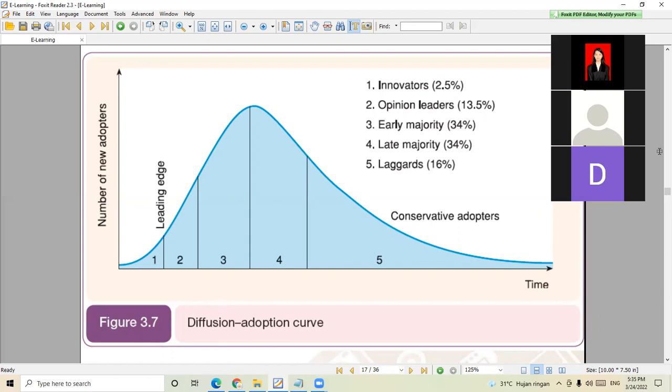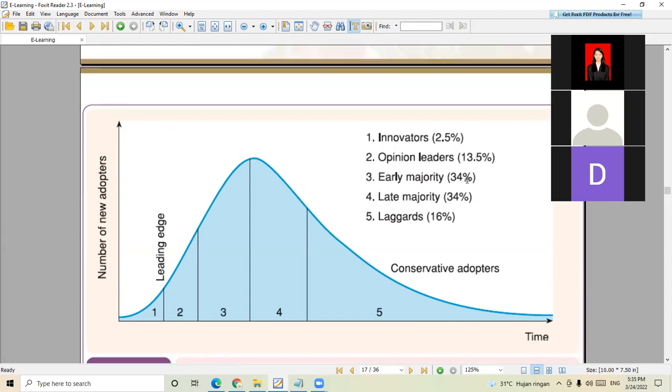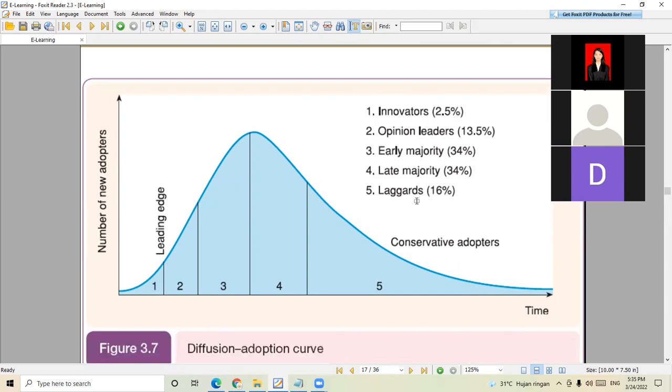All right. I assume since you choose the innovators, you are a risk taker. You like to take risks because we never know. This is a new technology. It can fail. It can have many bugs. It can have many errors, right?